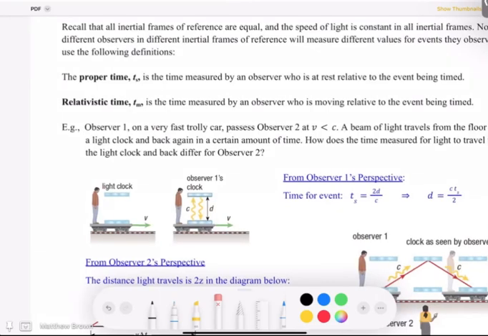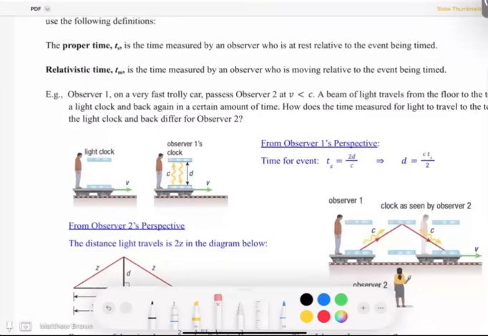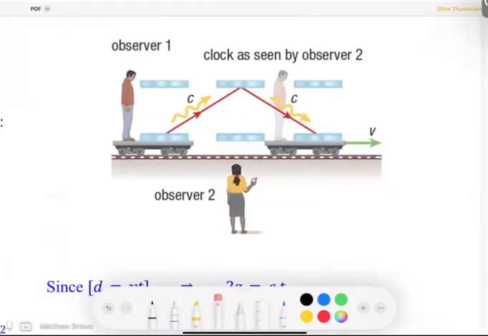I want to call the proper time t_p, but I have to remember we use t_s for stationary and t_m for moving. So with these observers, observer 2 is measuring something in observer 1's reference frame. That would be the moving time, or relativistic time.